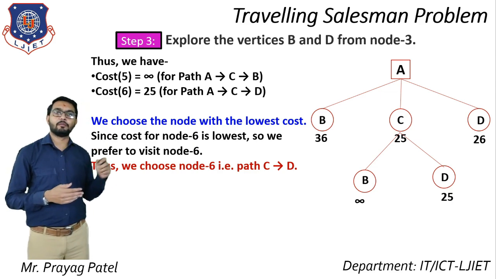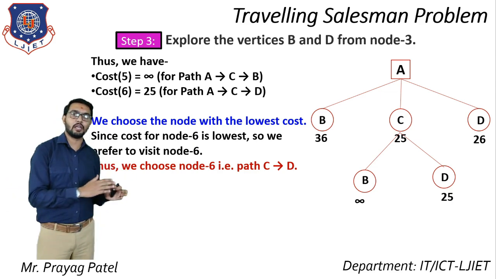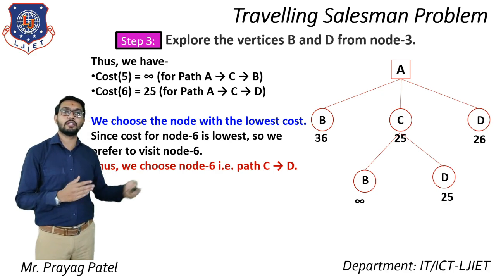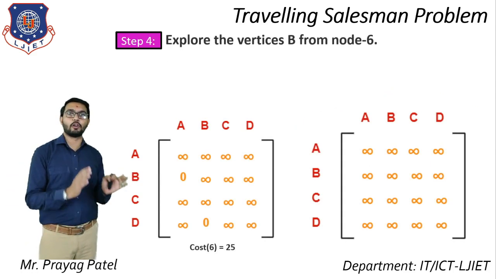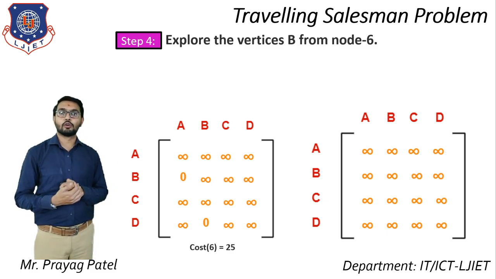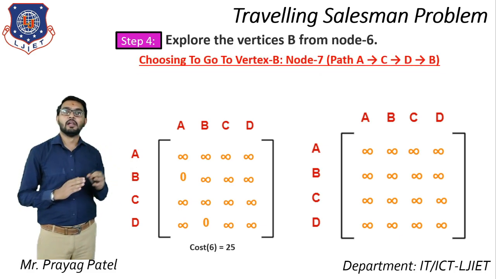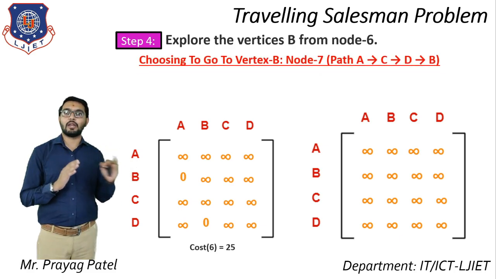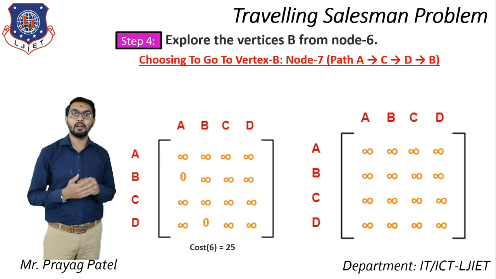Now after visiting node A, then node C, then node D, consider the next node as node B. So perform the operation for node B only, because only node B is the remaining node. So consider node B or node 6 as your previous step. Now consider the previous step table as your input and perform the next operation.